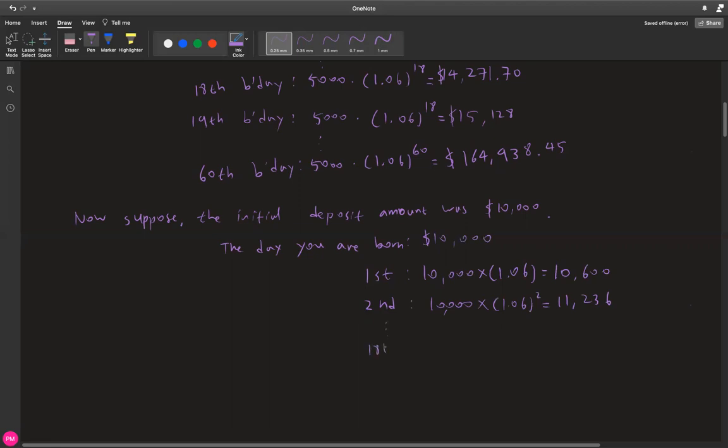On your 18th birthday, you're going to have 10,000 multiplied by 1.06 to the power of 18, which is actually 28,543.4.